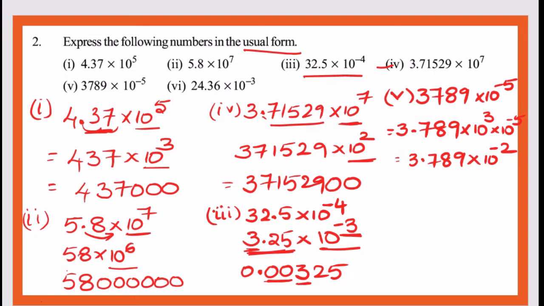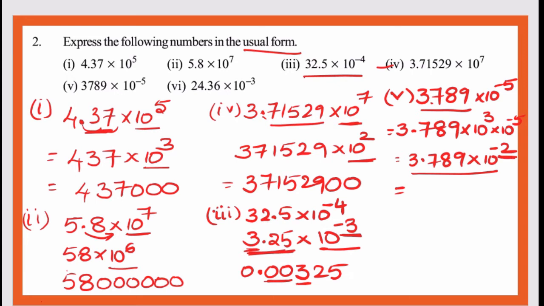So already we know how to convert this into usual form. 3789 means you need to write the decimal point here. After the decimal point, we write 10 power according to how many digits there are, so 3.789 into 10 power minus 2. Now this is in standard form, right? So this minus 2 will decide how many zeros will be there.